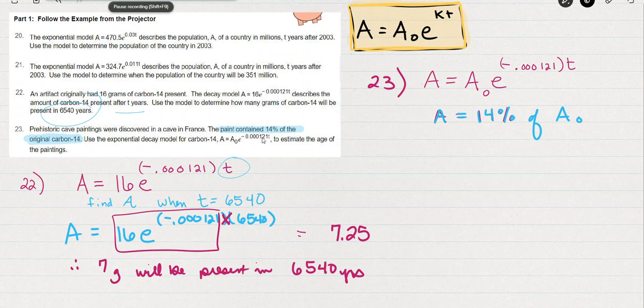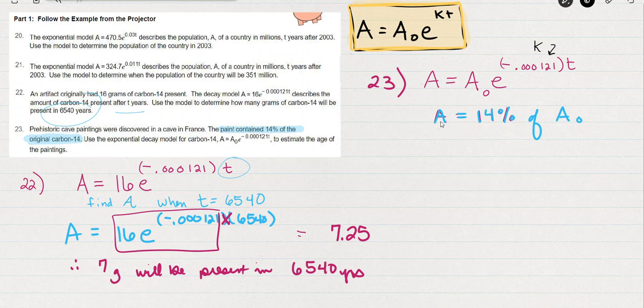In other words, this negative 0.000121 is the k for carbon-14. That describes how quickly carbon-14 decays.